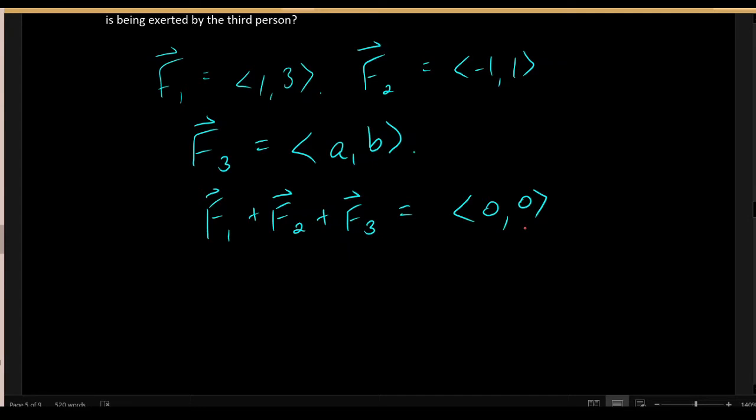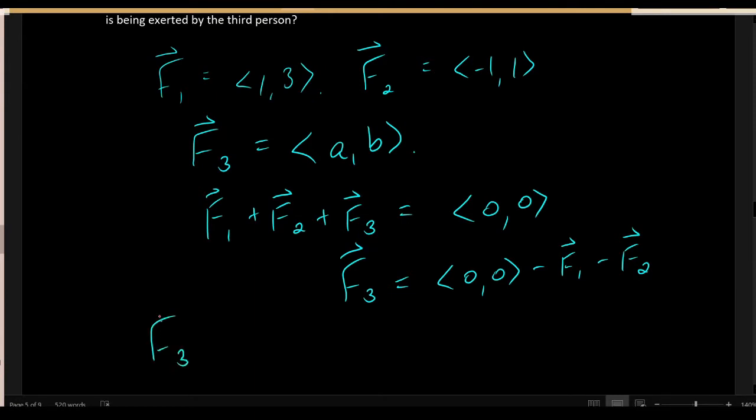To determine that, we can go ahead and do some vector subtraction. If I want to figure out F3, if I want to isolate F3, then I can subtract F1 and F2 from both sides, giving me 0, 0, take away F1, take away F2.